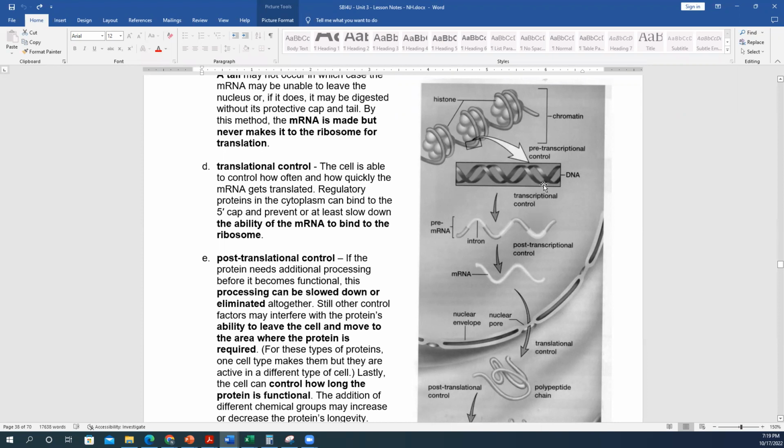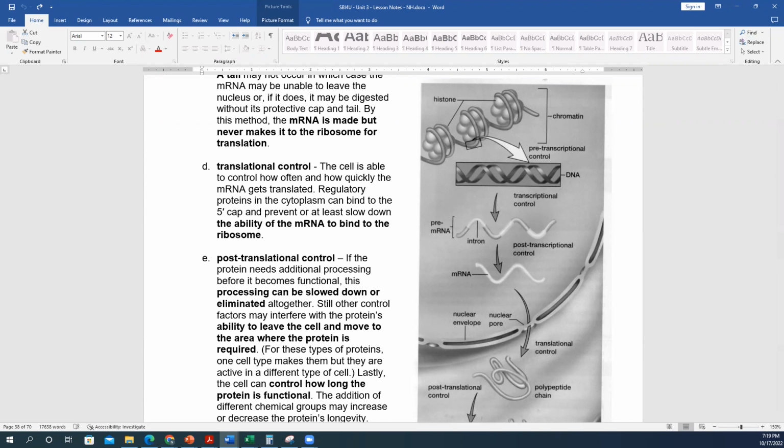And these proteins need to bind to that promoter region of the gene even before DNA polymerase can bind and begin the transcription process. And there are other control elements that can affect how well that transcription factor works and can alter the rate at which transcription even occurs.